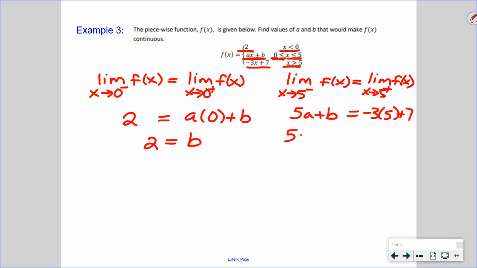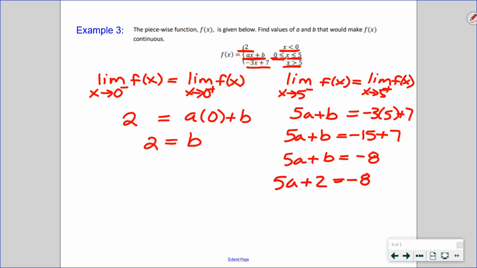Okay, so notice I'm going to end up with an equation in terms of a and b. But that's okay because I already know what b is equal to. So eventually I'm going to substitute that and we'll be able to solve for a. So now I'm going to substitute the 2 for b. And now I can just solve for a.